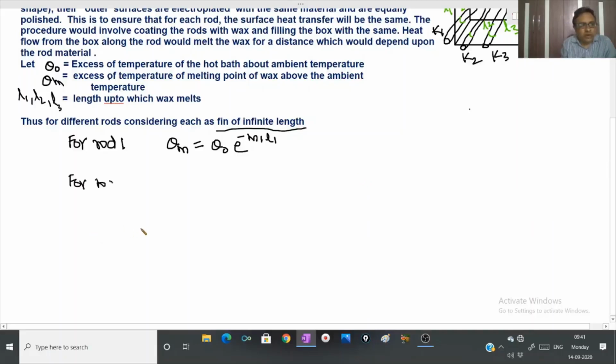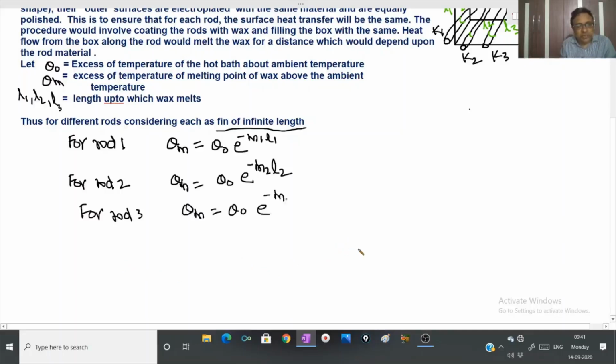For rod 2, considering it as a rod of infinite length, theta m will be theta o e to the power minus m2 L2. And for rod 3, theta m is equal to theta o e to the power minus m3 L3. The temperature distribution is the same because the rods' ends are exposed to the same condition.